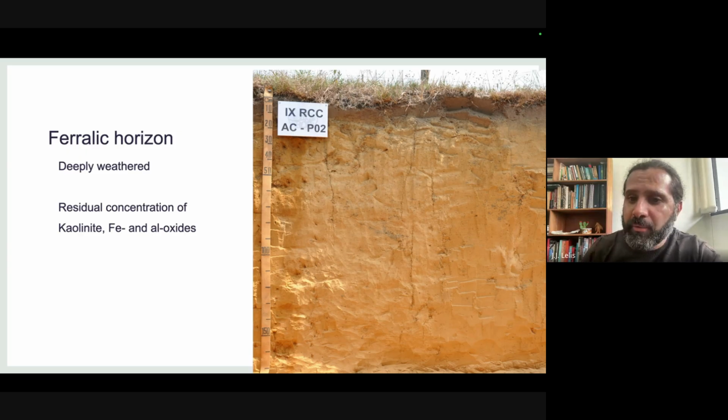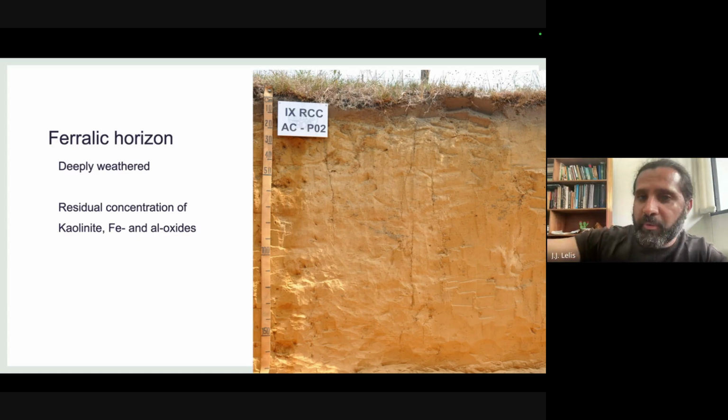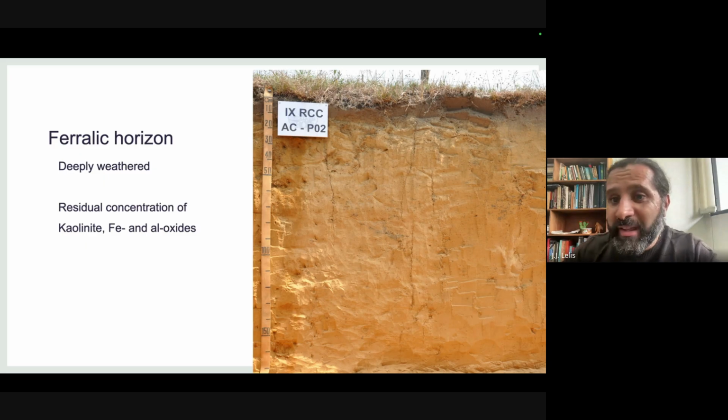Okay, the iron in the ferralic horizon is concentrated because iron could not be destroyed easily when it is composing goethite and hematite. So in the case of the ferralic horizon, we have an intense destruction of primary minerals, for example feldspars, olivine, plagioclase, pyroxene, and destruction of these minerals releases some iron, which was then converted into iron oxides, goethite and hematite, especially these two minerals.